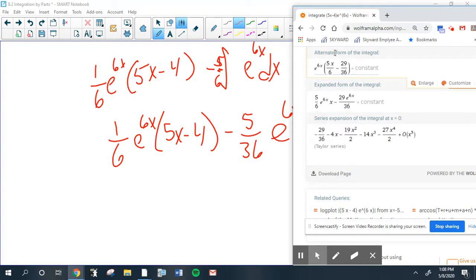If we factor out an e to the 6x, would we have 5x over 6? Yes. And now here's where you're going to have to be careful with Wolfram Alpha. By the way, that 4 over 6 is going to be lumped together with the constant and more or less disappear.